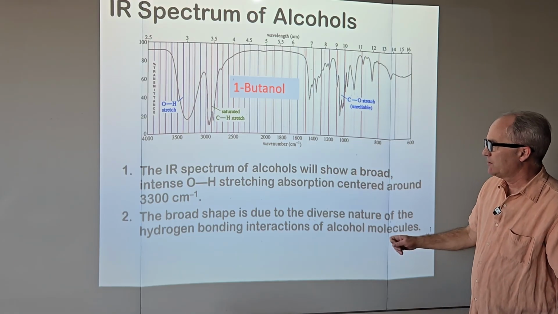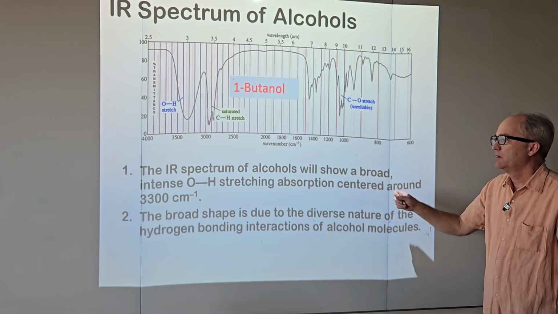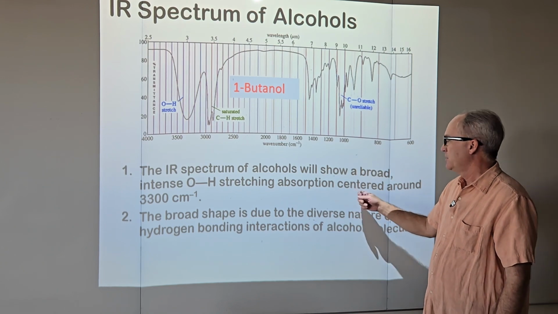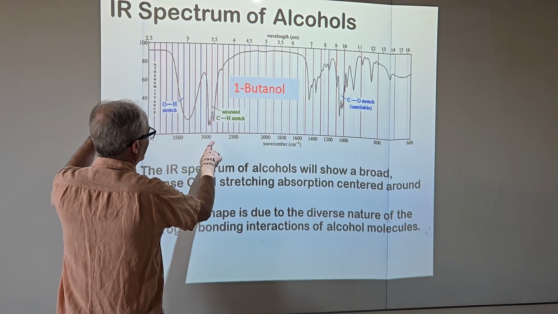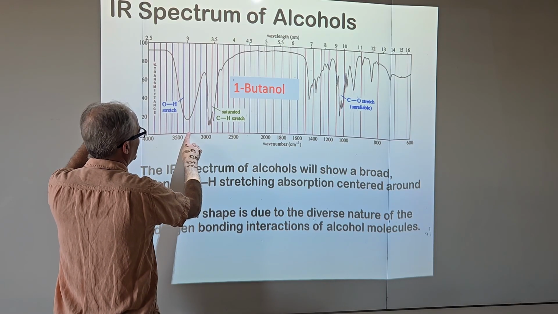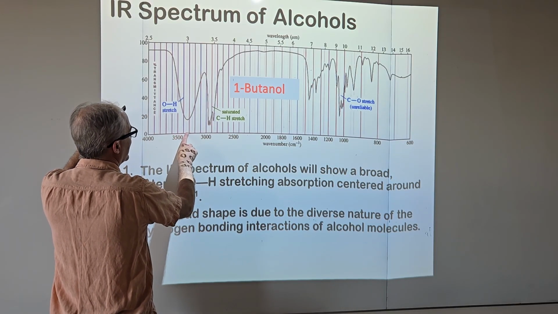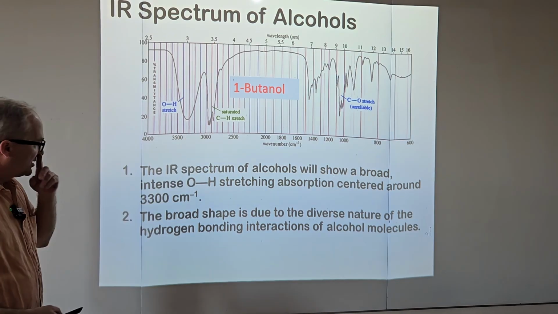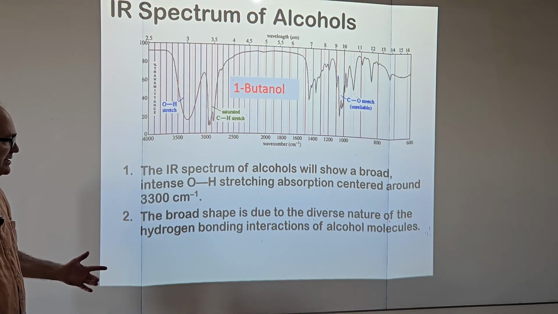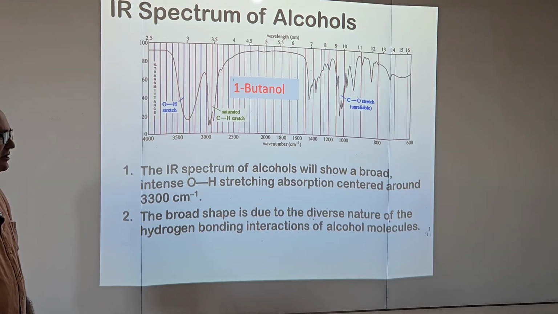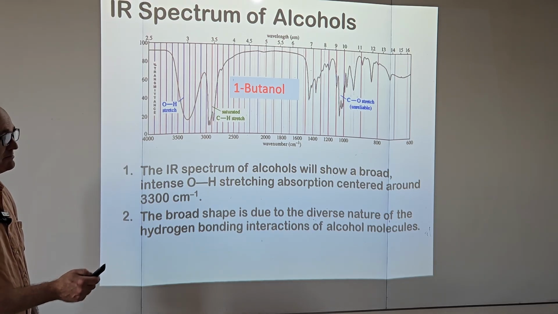The IR spectrum of alcohols will show a broad, intense oxygen-hydrogen stretching absorption centered around 3,300. Right there it is. The broad shape is due to the diverse nature of the hydrogen bonding interactions of alcohol molecules.